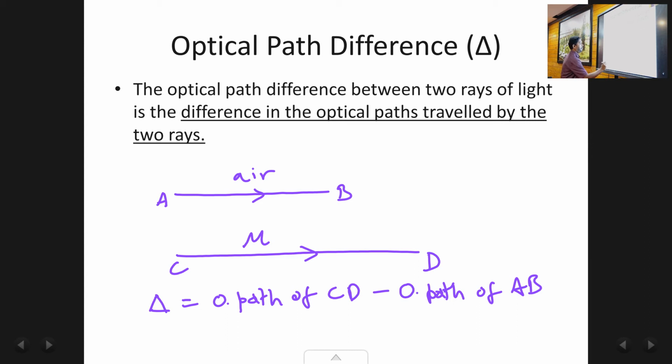Now how much is the optical path of the ray CD? Remember, CD is traveling in a medium of refractive index mu, so its optical path will be mu times CD. Ray AB is traveling in air, so its optical path will be, the refractive index of air is 1 and the distance is AB, so it will be just AB. So this is the value of path difference between the ray CD and the ray AB.